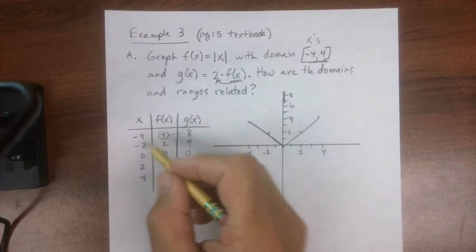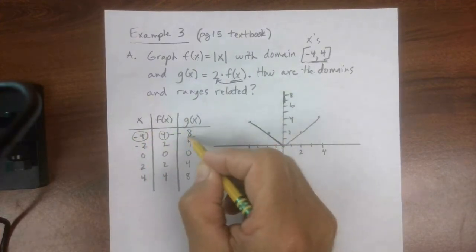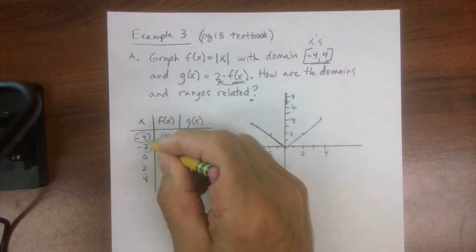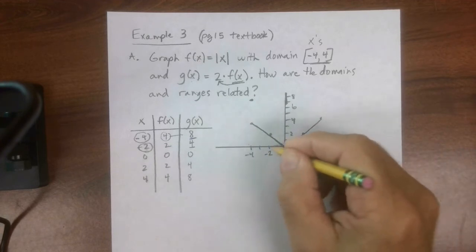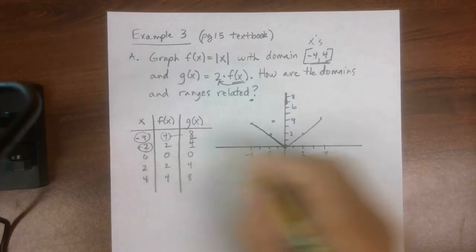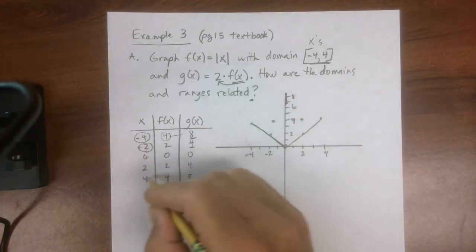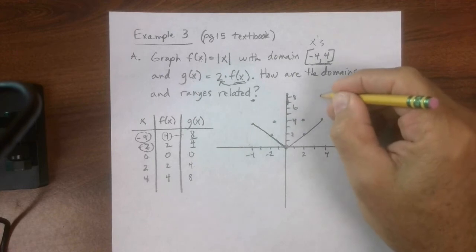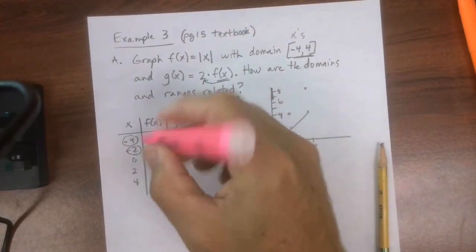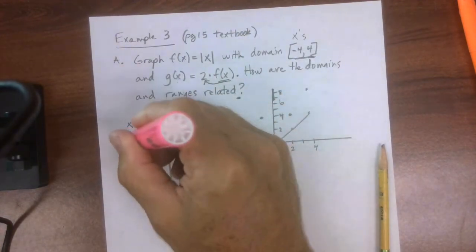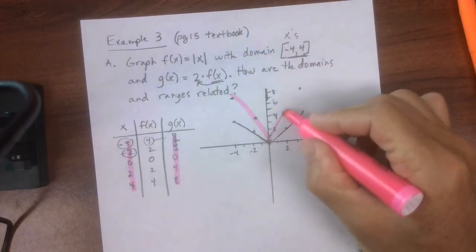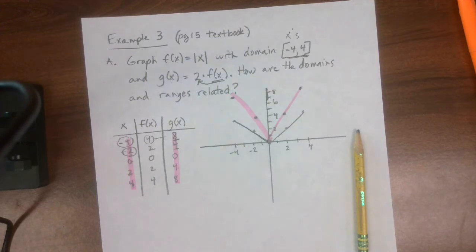So now we're plotting the points negative 4, 8, negative 2, 4, 0, 0 stays the same, 2, 4, 4, 8. And as you can see, I'm going to make this one pink. So all of these points here that go together create this.